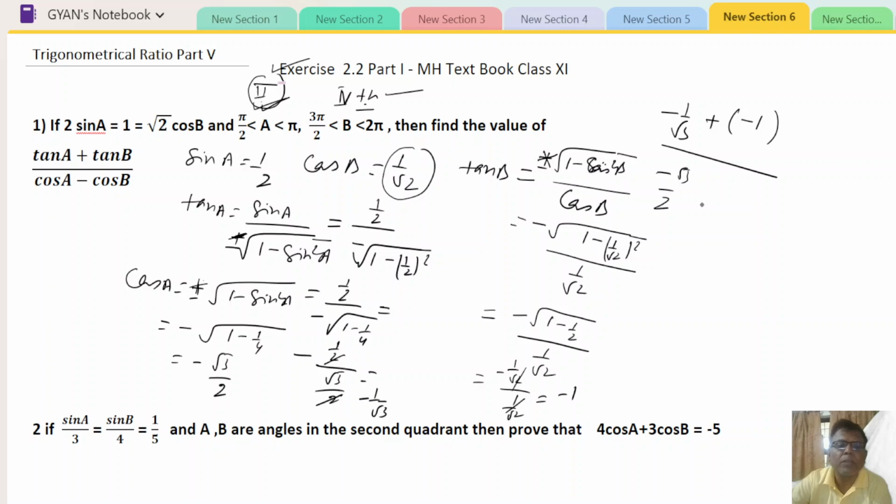Cos B is equal to 1 by root 2, and tan A is minus 1 by root 3. Correct.